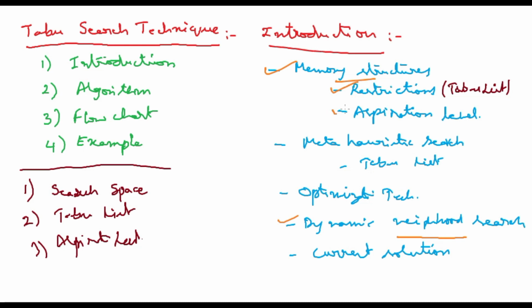If any aspirations are there, we will take that movement from the taboo list. Based on the taboo list, the metaheuristic search can be done. So it is an optimization technique. Finally we will again reach the current solution, so we will change the current solution in that manner, and all these things keep on being applicable. So this is a very good example for the taboo search problem.